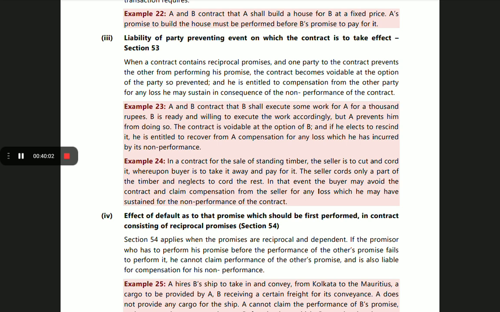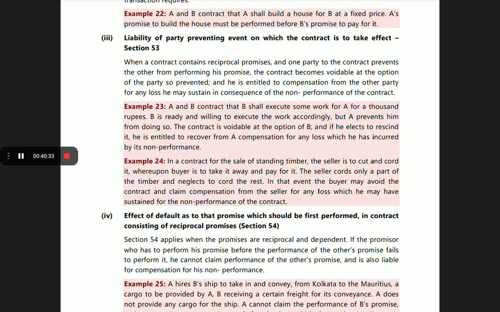The seller cuts only a part of the timber and neglects to cut the rest. In that event, the buyer may avoid the contract and claim compensation from the seller for any loss which he may have sustained for the non-performance of the contract.